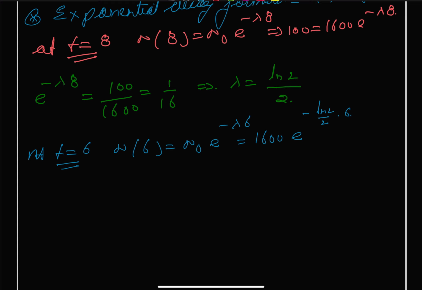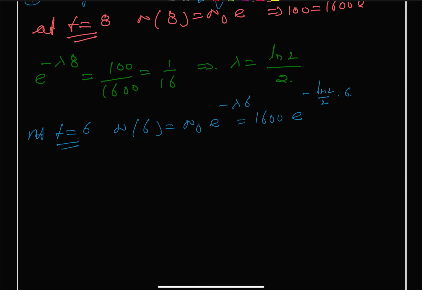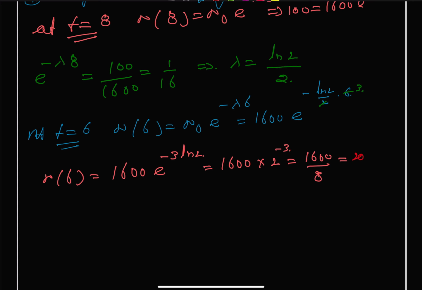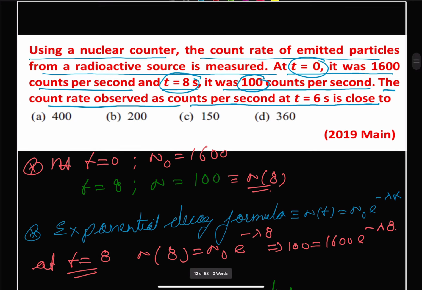We can modify it: n of 6 is equal to 1600 e raised to power, this 6 goes by 3, so we are left with minus 3 natural log of 2, which can be further written as 1600 multiplied by 2 raised to power minus 3, and this comes to 1600 divided by 8, giving us 200. So option B is correct.